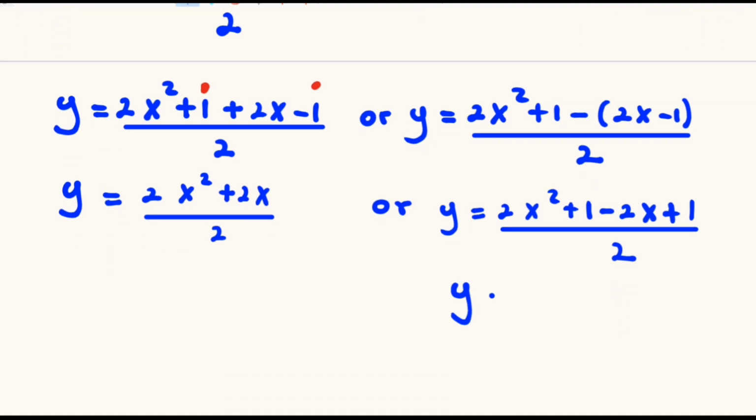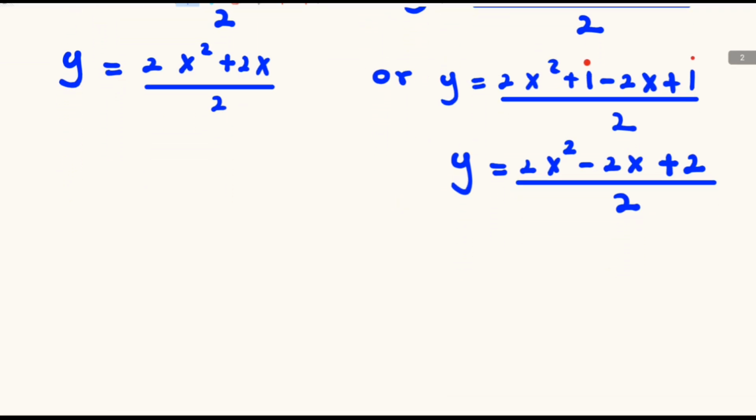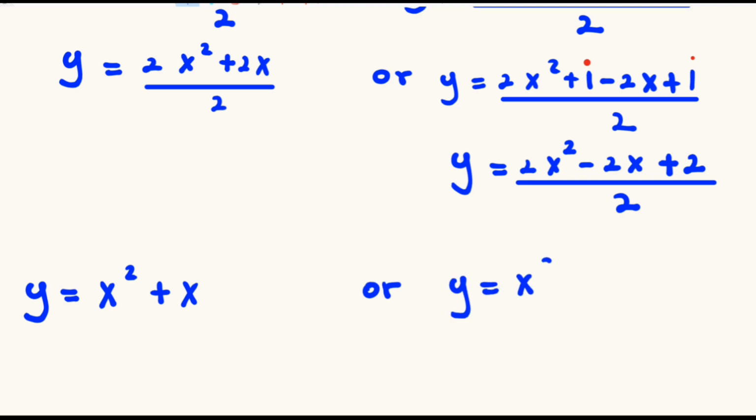So our y will be equal to 2x squared, the positive 1 plus 1 will be equal to 2, so we have the negative 2x plus the 2 divided by 2. Our y will be equal to, dividing every term by 2, x squared plus x, or our y is equal to x squared minus x plus 1.